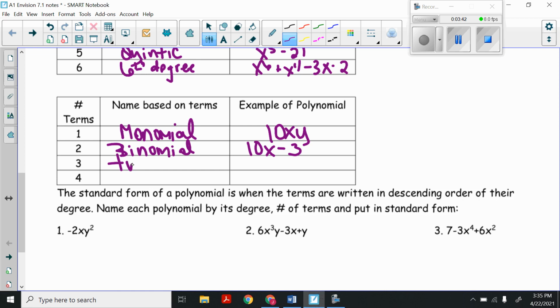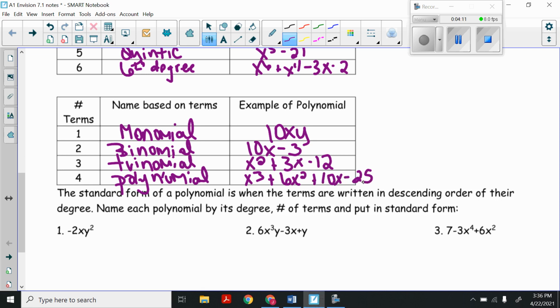Three terms is a trinomial. So an example, x squared plus 3x minus 12. Four terms, polynomial. Anything with more than 3 terms is just called a polynomial because poly means many. So this could be x cubed plus 6x squared plus 10x minus 25.